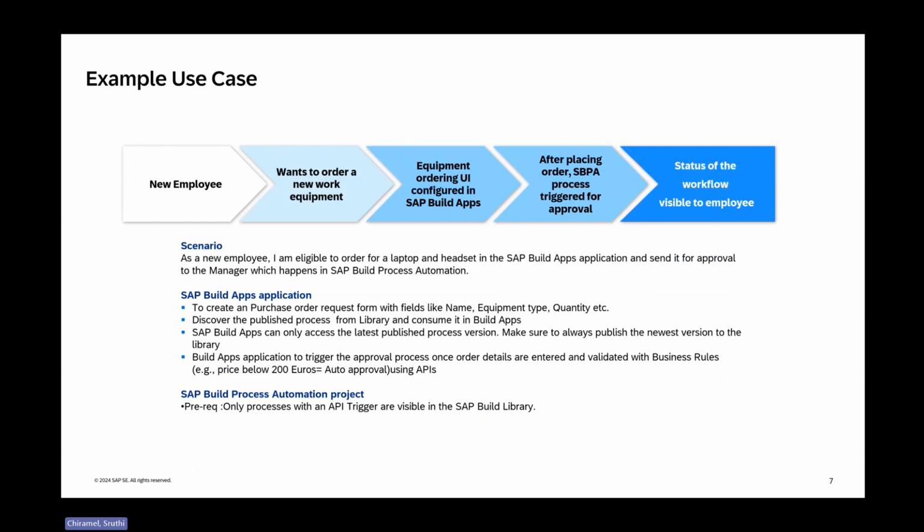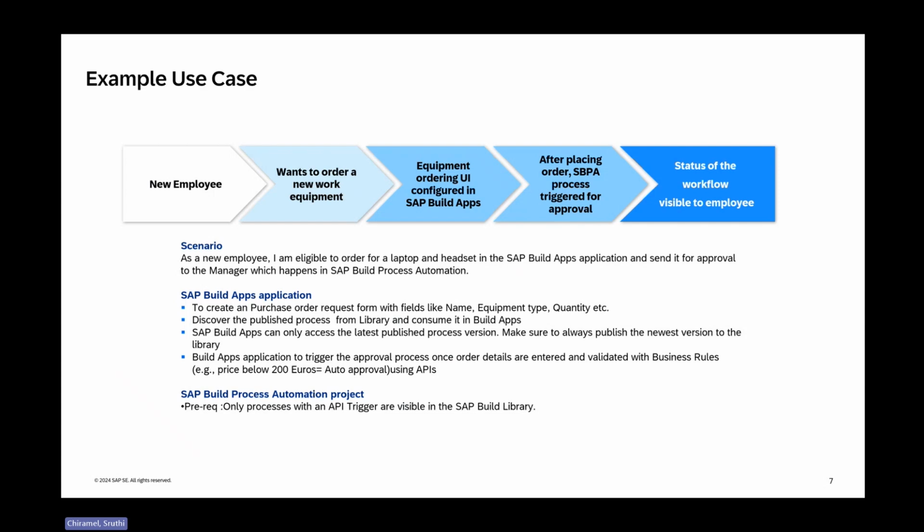Now here I have detailed a very short use case to set the context for the demo that I'll be showcasing in a bit. So what we have here is essentially the new employee onboarding use case. For example, a new employee would want to order new work equipment.